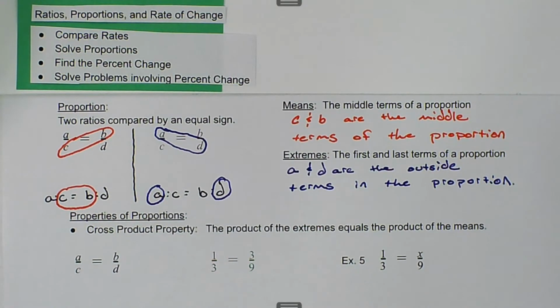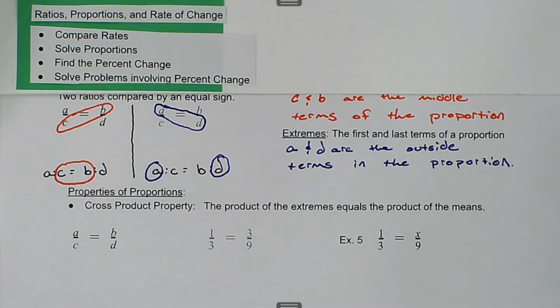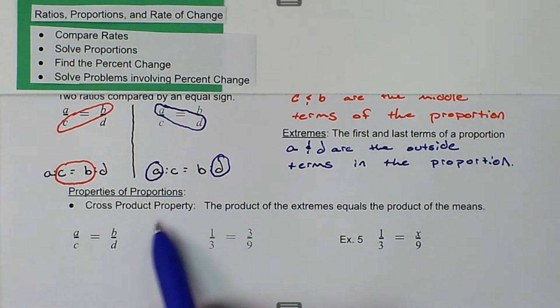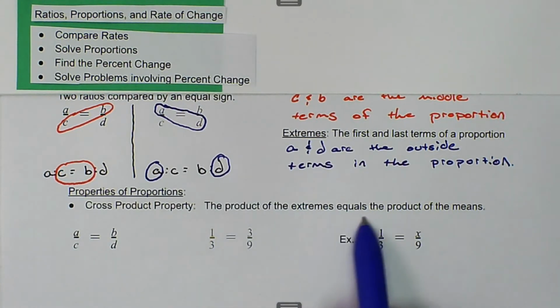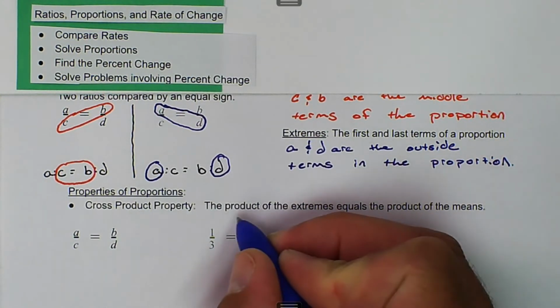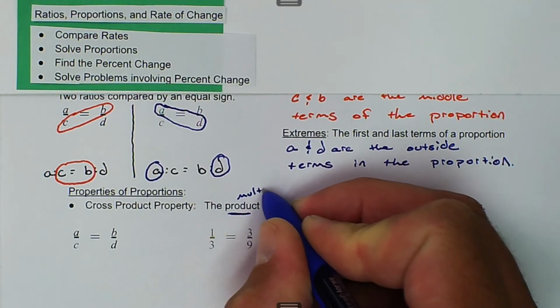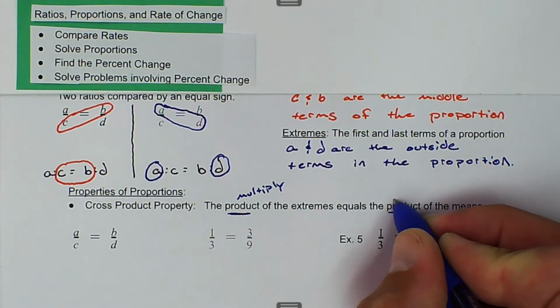The reason that's important is because we have the properties of proportions, and it's the cross product property. The product of the extremes equals the product of the means. Remember, product means multiply.